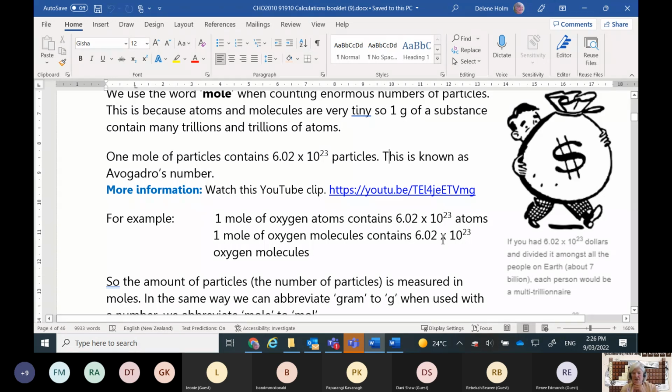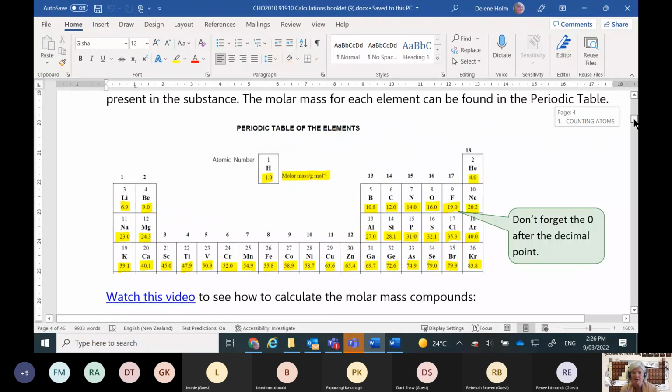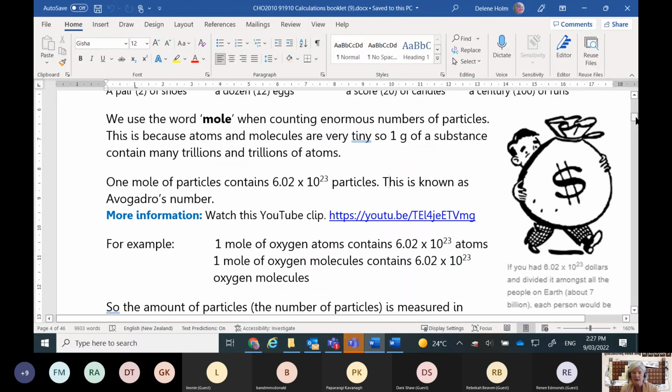Right, we are pretty much finishing off now. I did want to get to this idea of a mole. Basically, whenever you get a formula, and we are told those numbers represent a mole, that's how we count it.